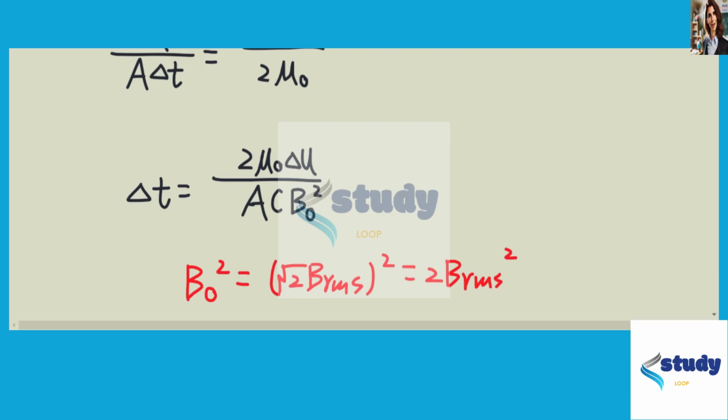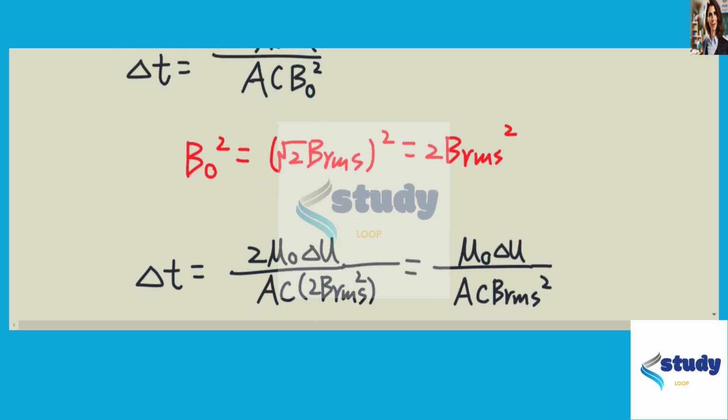So now let's substitute 2 times the root mean square magnetic field squared for the peak magnetic field strength squared. So we have ΔT equal to 2μ0 ΔU over A c times 2 B_RMS². As you can tell, the 2 here can be cancelled out, and this will give us the time equal to μ0 ΔU over A c B_RMS².